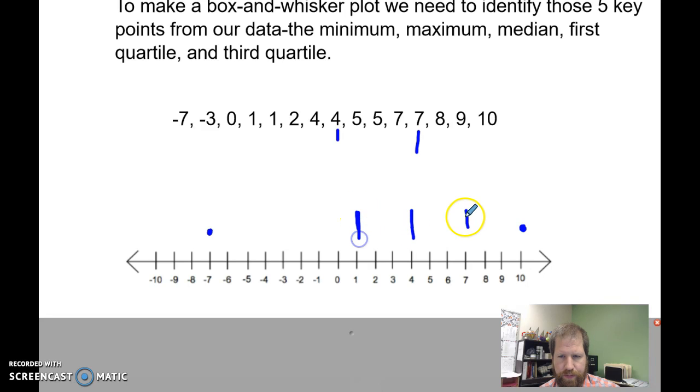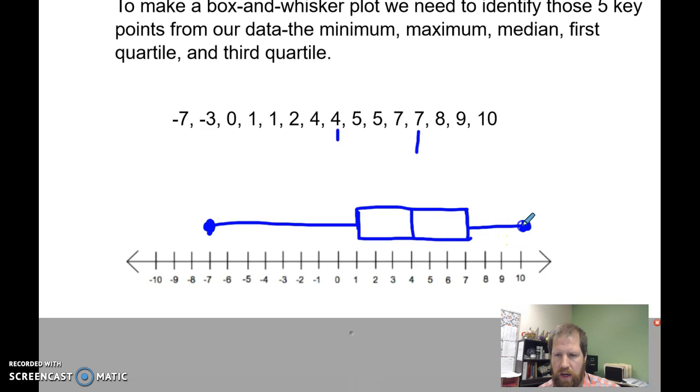Let's make them bigger. Those 3 lines make my box. And then I extend out to my points to make my whiskers. And there you have it. Box and whisker plot. Oh, here was my other quartile. So first quartile, second quartile or median, third quartile, minimum, maximum, and I'm done.